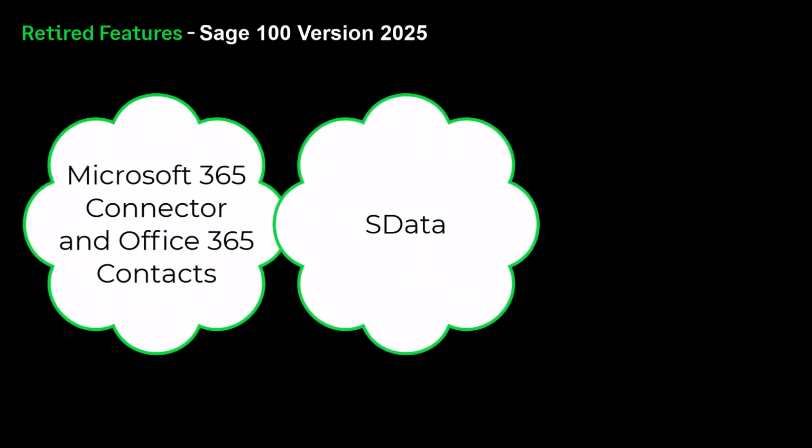Secondly, S-Data for Sage 100 has been removed and is no longer being maintained or supported. As a result, in role maintenance, the S-Data Security tab has been removed for both subscription and non-subscription versions of Sage 100. Please see the release notes for details on the changes made to accommodate this retirement.